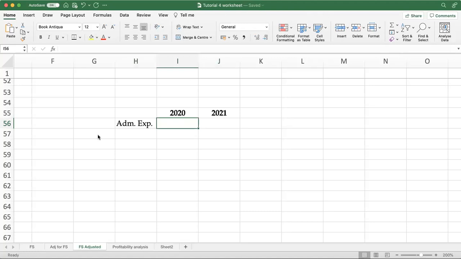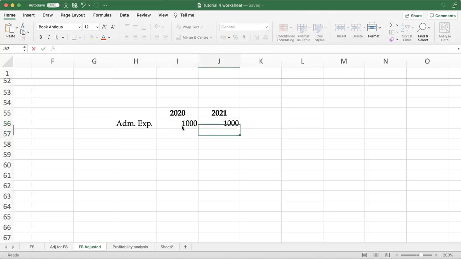For example, let's say 1,000 and 1,000. Because administrative expenses are almost fixed cost. Many administrative expenses are fixed cost.